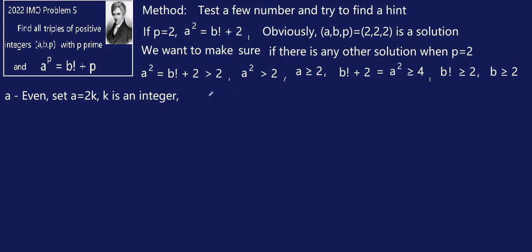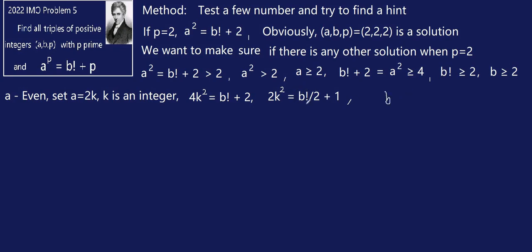Then we have 4k squared equals b factorial plus 2, divided by 2, and 2k squared equals b factorial divided by 2 plus 1. That means b cannot be greater than 4.